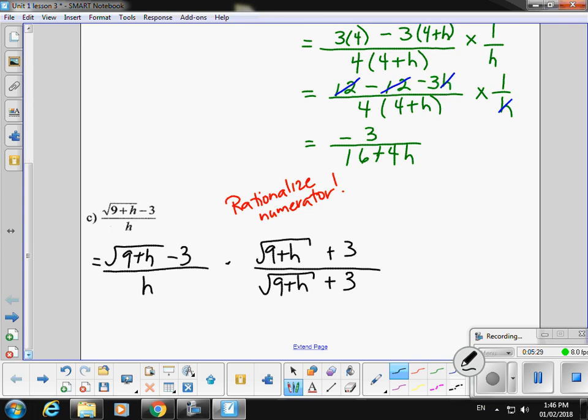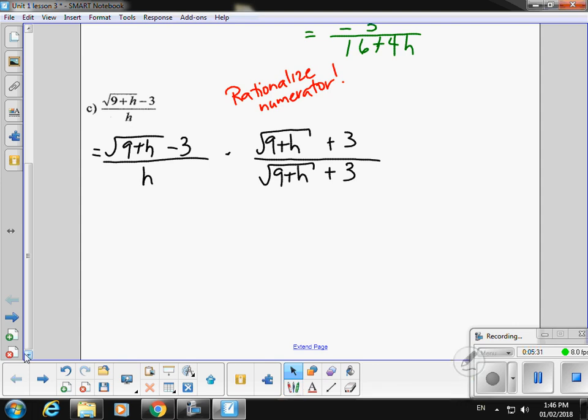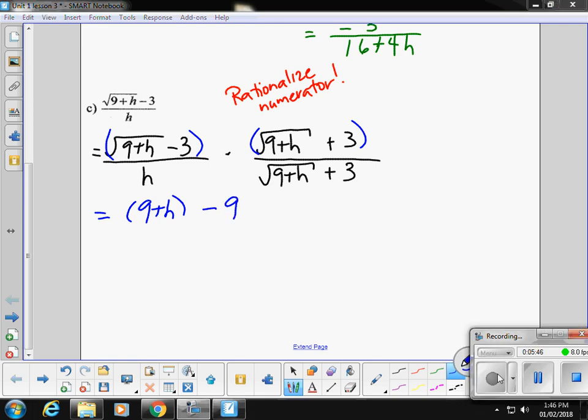If we were to simplify this thing, it's like we're FOILing. But if I am multiplying those, I end up with 9 plus h. Outside, inside cancel, negative 9. The denominator is still kind of ugly, and I'm just going to leave it like that for a moment.